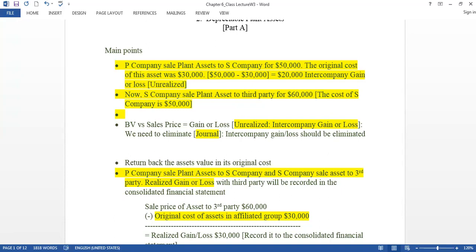So from this chapter, sometimes you have to calculate the realized gain or loss, then you have to calculate the unrealized gain or loss. We know that unrealized gain or loss is called the intercompany gain or loss. Then we have to eliminate the intercompany gain or loss, right?